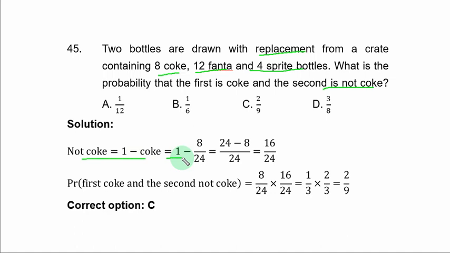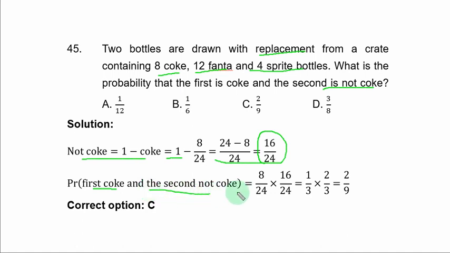That is 8 plus 12 plus 4, 24. You write 1 as 1 over 1. You find the LCM. You have 24 minus 8 over 24, and that is 16 over 24. Now, probability: first is Coke, and "and" indicates the multiplication rule, and the second is not Coke.